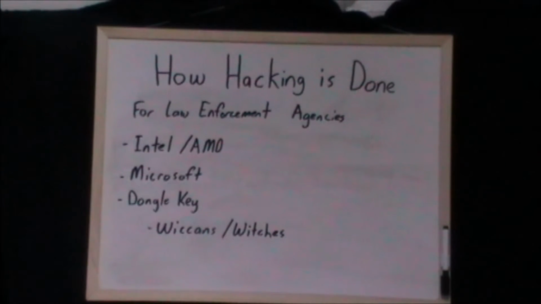The dongle key is inside a cell phone. And so all they do is when they get on a computer, they get on the dongle key on their cell phone and access it and let them know in their network that they're accessing a certain computer.